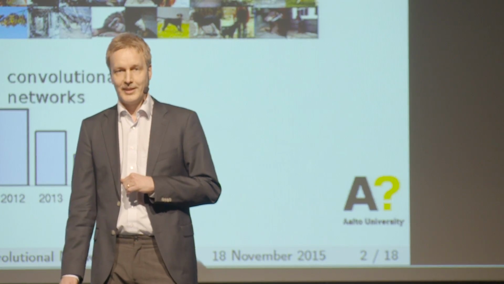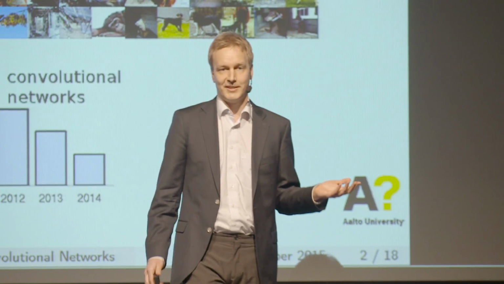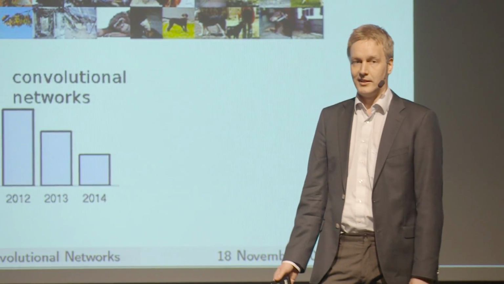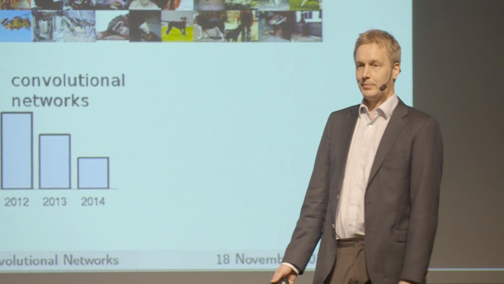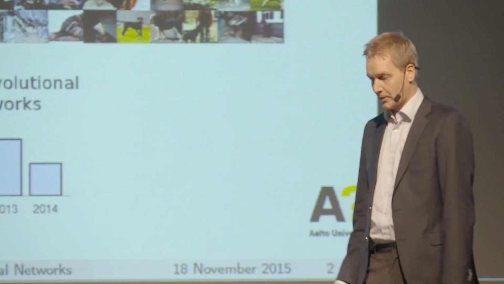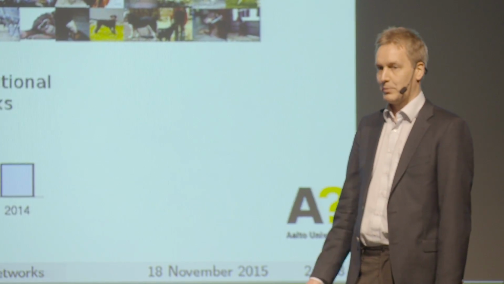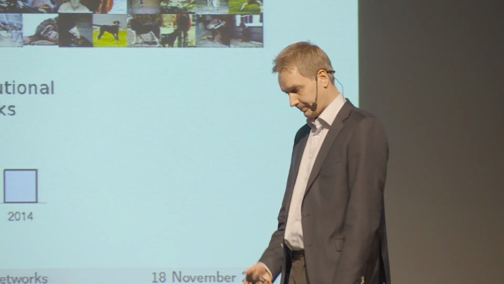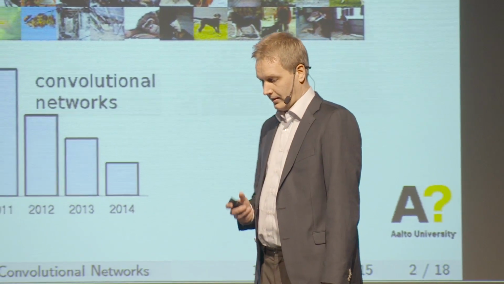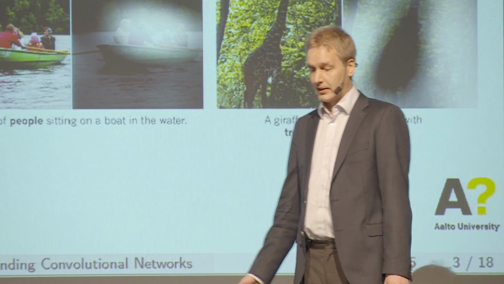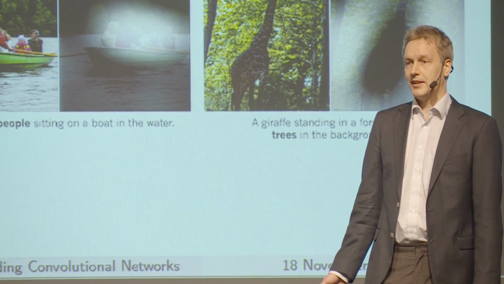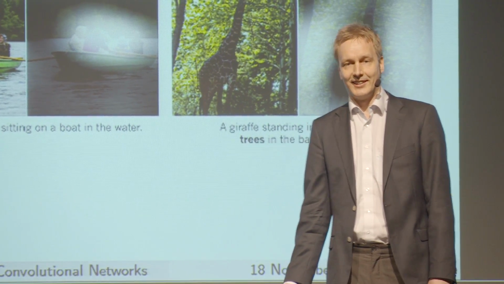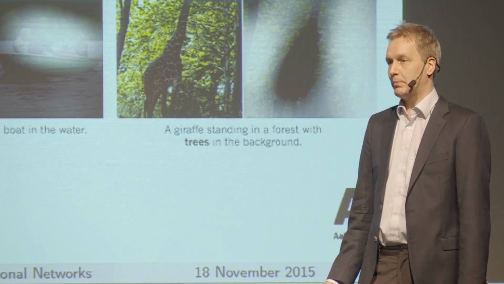The whole field of computer vision is now turned upside down, because since 2013 already, most of the top competitors in this competition had switched to deep learning. So things are happening rapidly right now, and things which have been the Achilles heel in AI are starting to become possible.